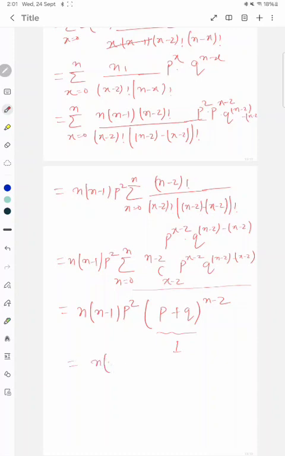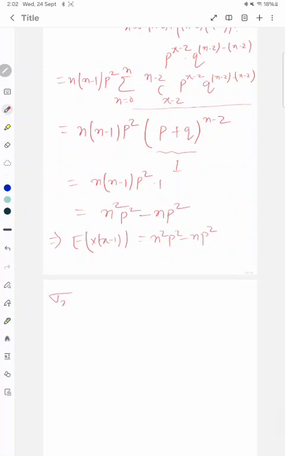So n into n minus 1 p square into 1 equal to n square p square minus n p square. This is the expectation of x into x minus 1 equal to n square p square minus n p square.